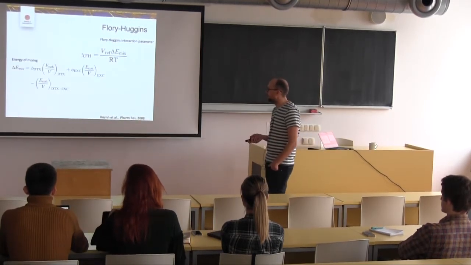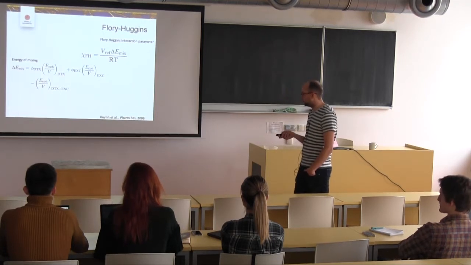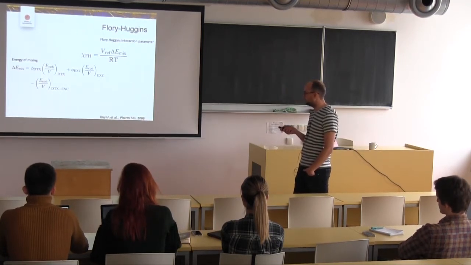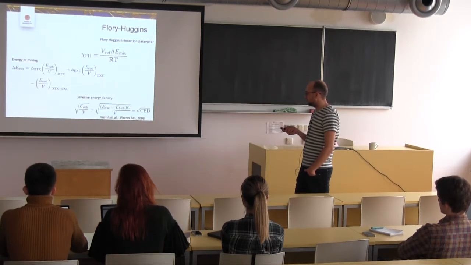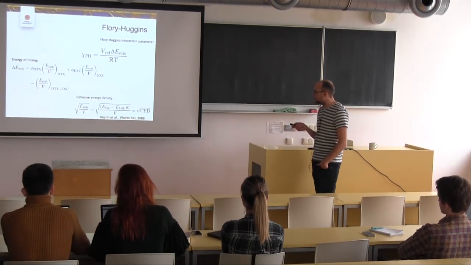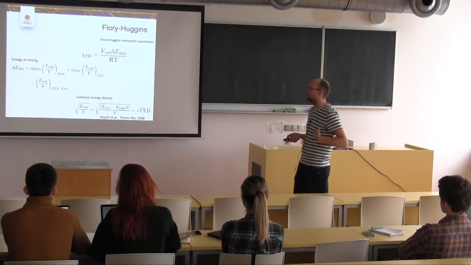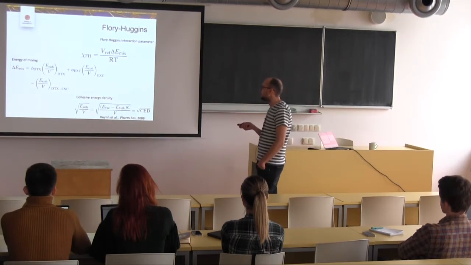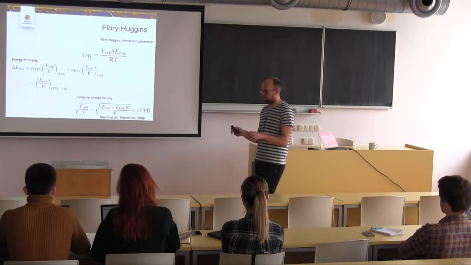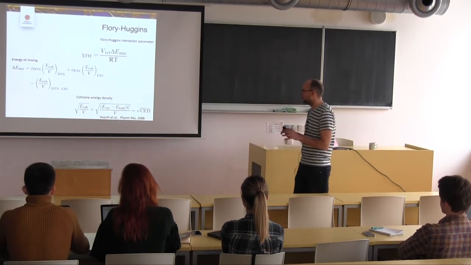From Flory-Huggins theory, you can show that you can compute this energy of mixing from this expression, using, again, another energy, the cohesive energy density, which is a measure of how much the energy changes when you mix these two types of molecules together.